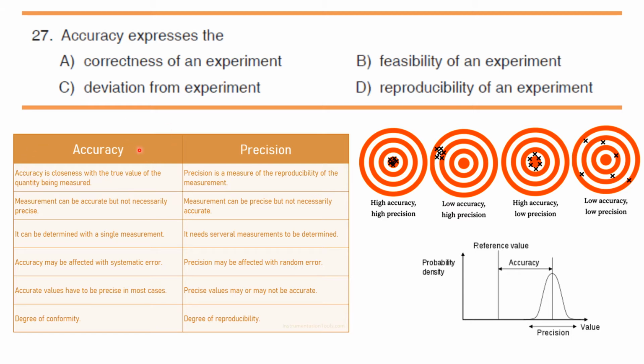So accuracy is actually the closeness to the true value of the quantity being measured. Suppose in your experiment you are measuring the length of a box, and actually the length of the box is 5 centimeter, but when you measure, you get 4.9 centimeter.